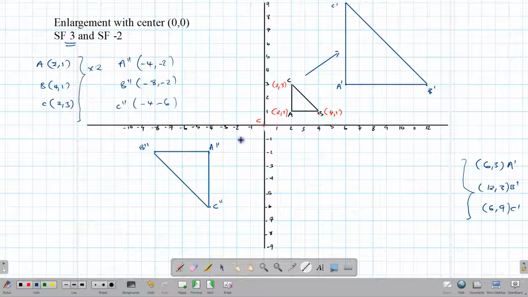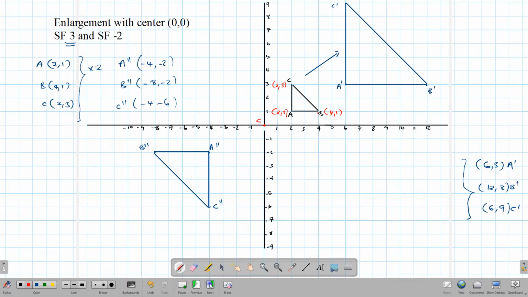So that's important. This is our center right here. The positive scale factor means that the image is on this side of the center. With a negative scale factor, it's on the other side of the center, so over here. So this is important to notice.